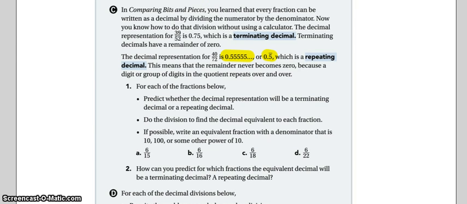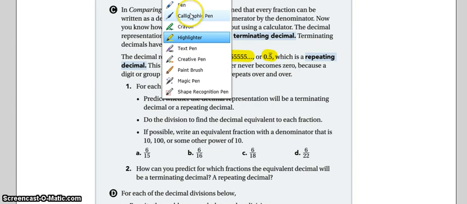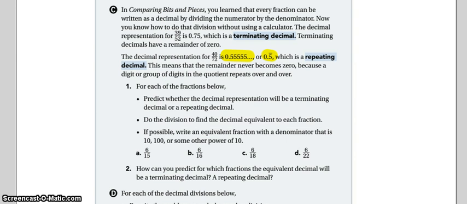Now, we are going to look at these four fractions and really quickly talk about whether they are going to be terminating or repeating decimals and why. It basically boils down to this third bullet right here.